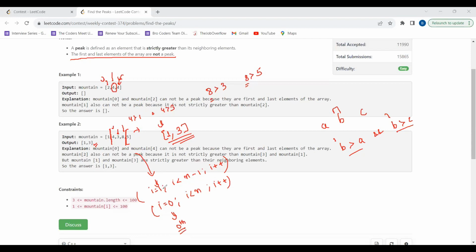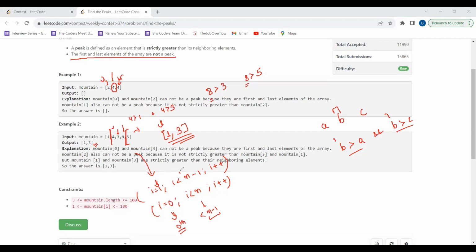So here's the case. And where's the last element? The last element is at the n minus 1th index. So we are stopping just before n. Now we need to skip the last element, so we'll stop just before n minus 1.